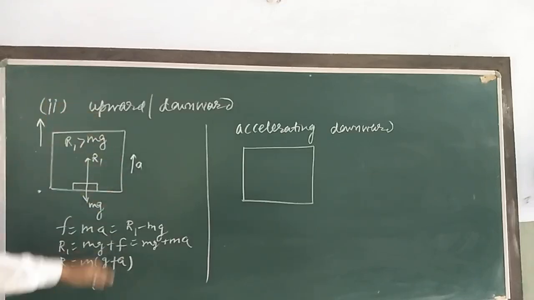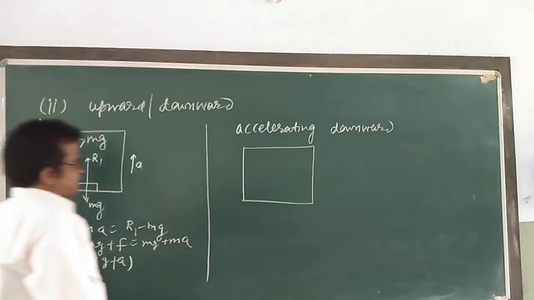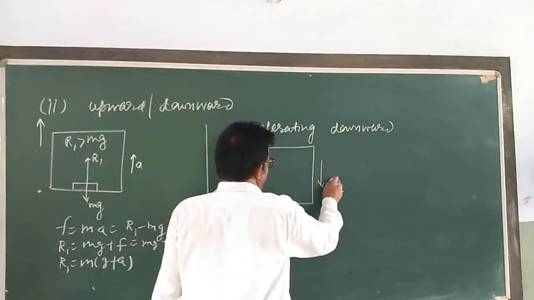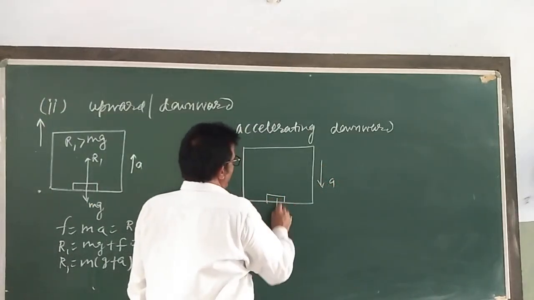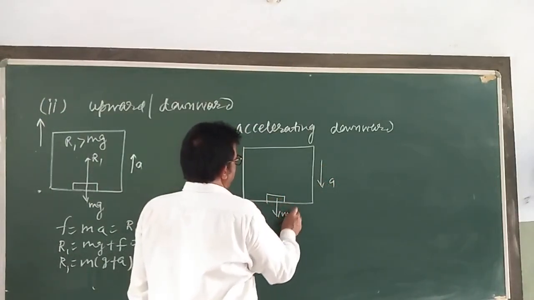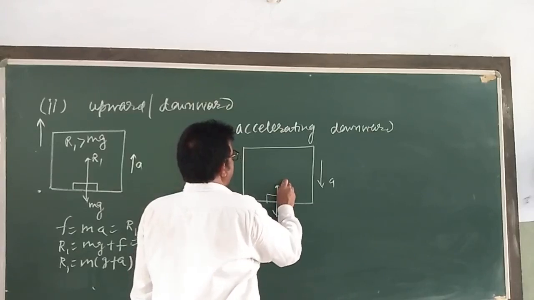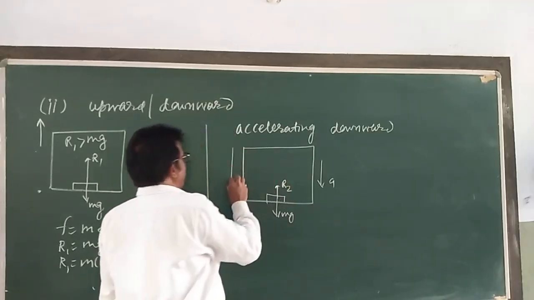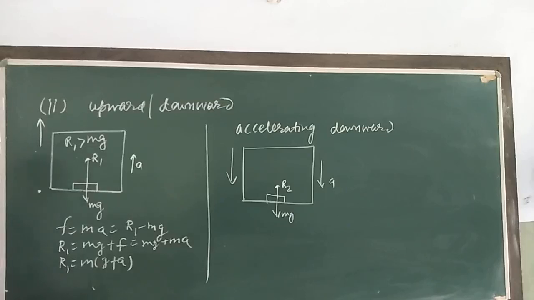When the elevator is moving downward, say with an acceleration a, the weight here is mg, the normal reaction is R2. Now it is moving downward. In this particular case, the uniform downward acceleration is this one.